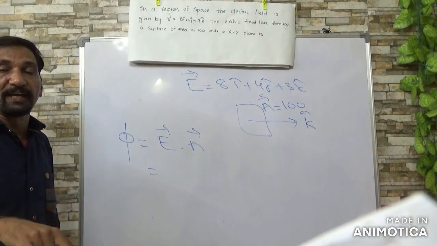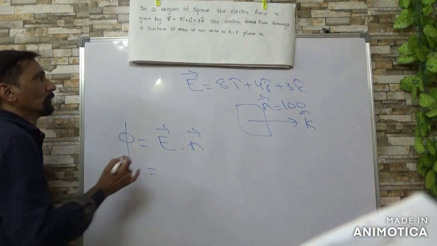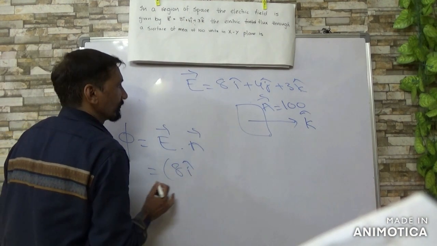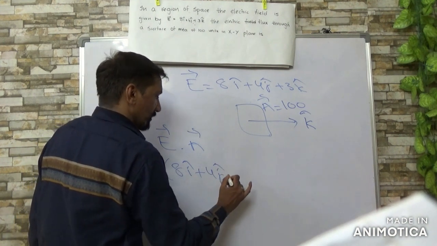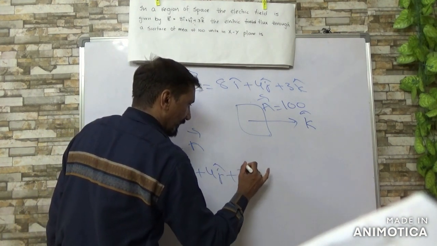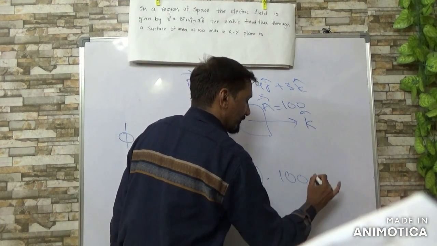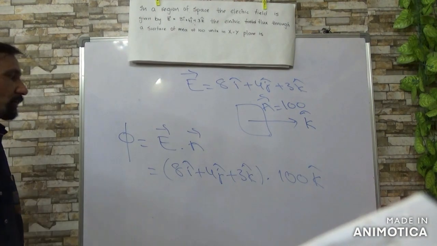Suppose it were the YZ plane, then I should take X. So E is 8I plus 4J plus 3K, dot 100 K. How do we find the dot product?